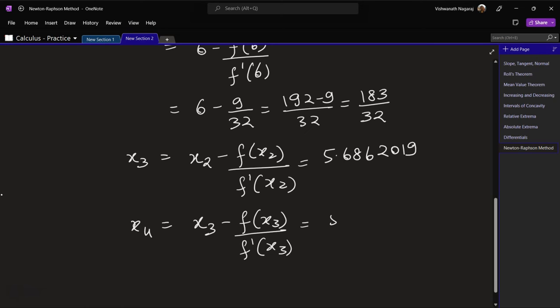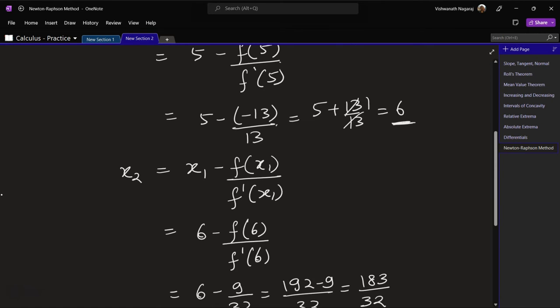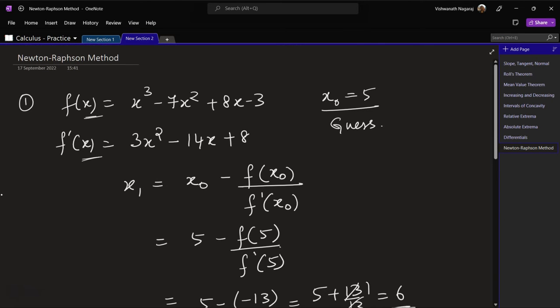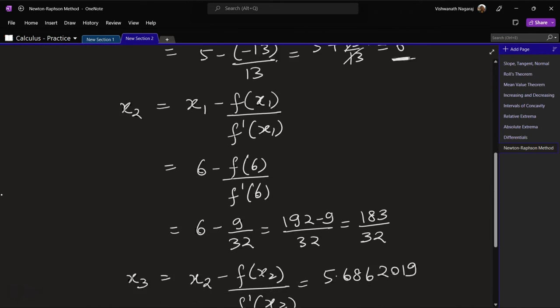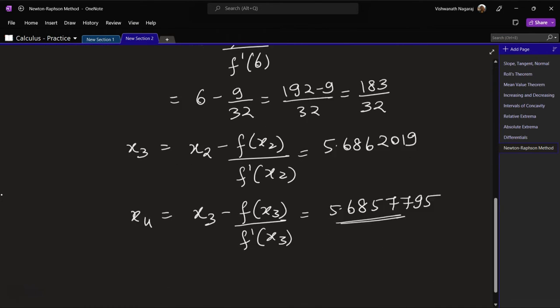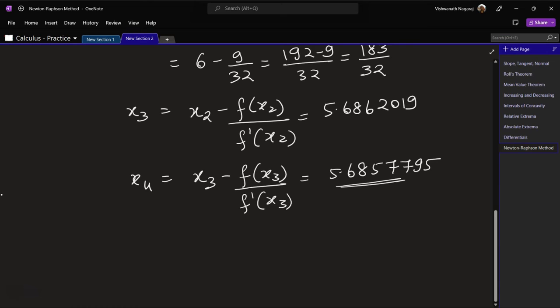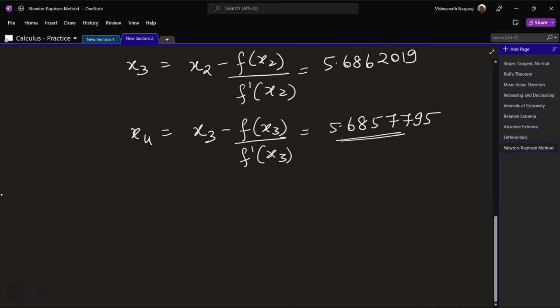This would give us 5.6857795. And if you do the substitution using the calculator into the original expression, you will get 0. Not exactly 0, but 0.0000, some numbers will come. So it is quite a close approximation.